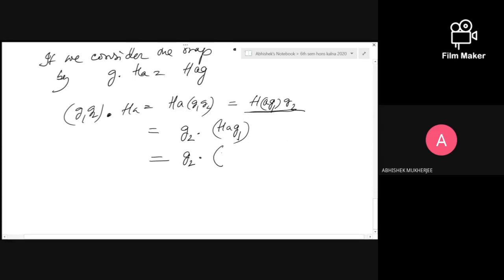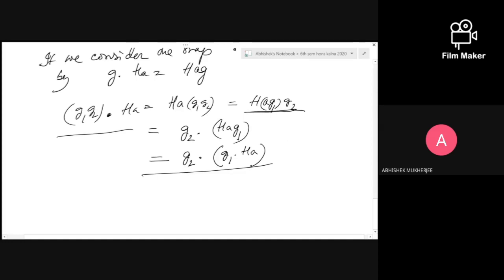It will be g1 dot Ha. So this fails to hold, because g1 g2 dot Ha must be equal to g1 dot g2 dot Ha, but in that case it gets reversed, that is g2 dot g1 dot Ha.